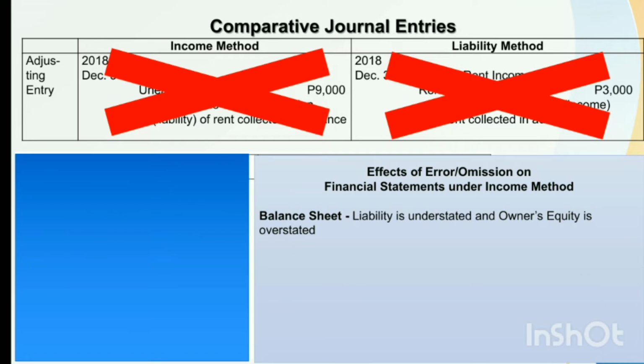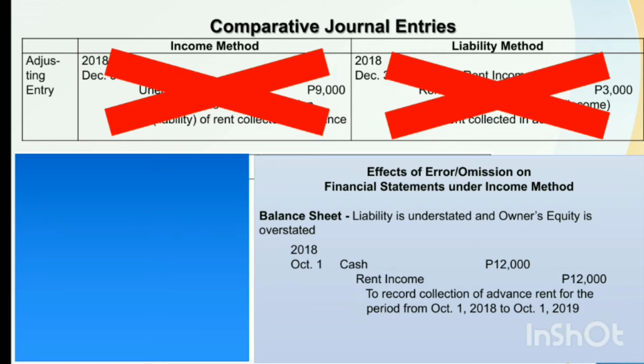So this again is the original entry we made on October 1, 2018 under the income method. So as you can see, we have a debit of cash at 12,000 and then credit to rent income 12,000. If there is no adjusting entry prepared on December 31, 2018, the rent income balance will remain at 12,000 pesos, which is wrong.